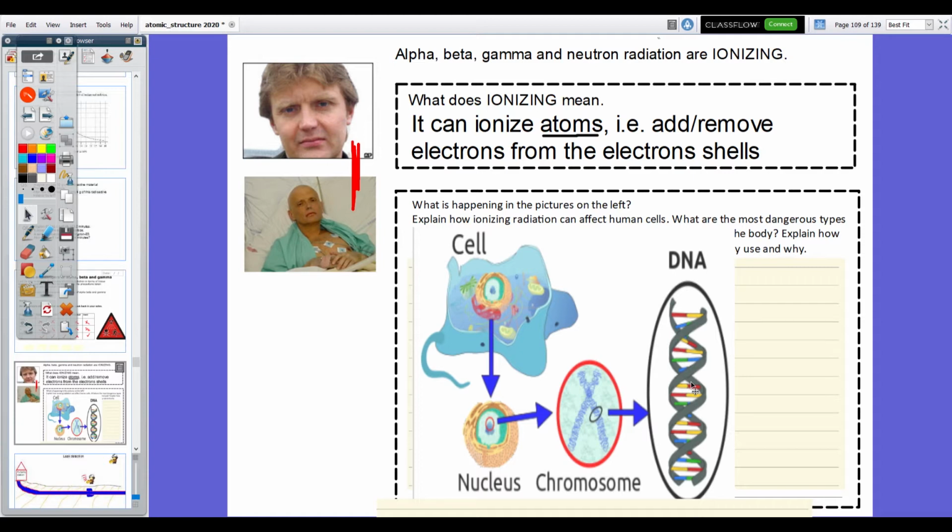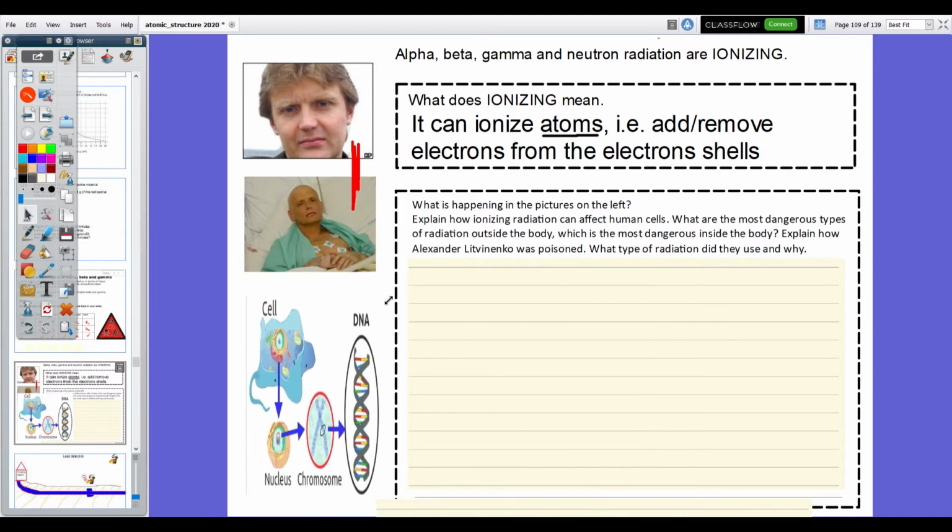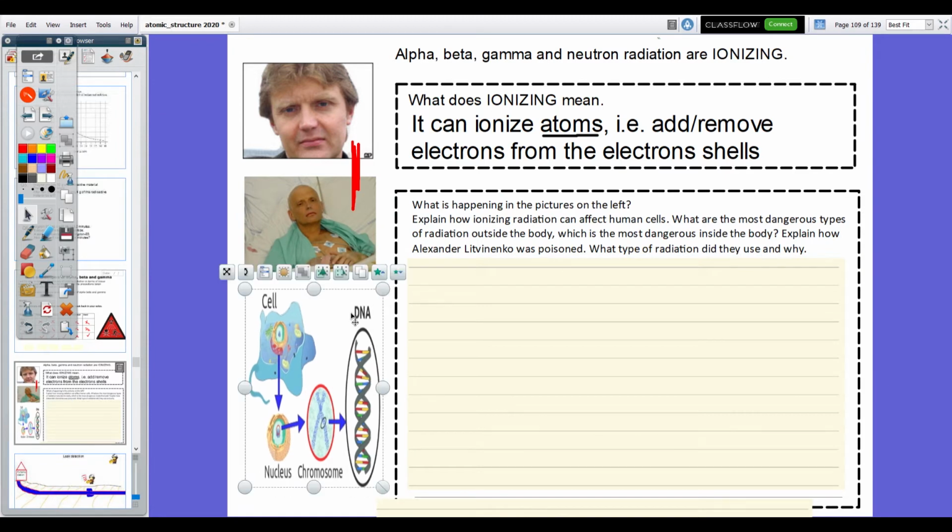Fundamentally, what happened with Alexander Litvinenko was he was poisoned with a radioactive source. The fundamental danger that ionizing radiation does is that it can ionize atoms in our genetic material, i.e. it can ionize atoms in the nucleus, in the chromosomes, in the DNA, and in the base pairs.